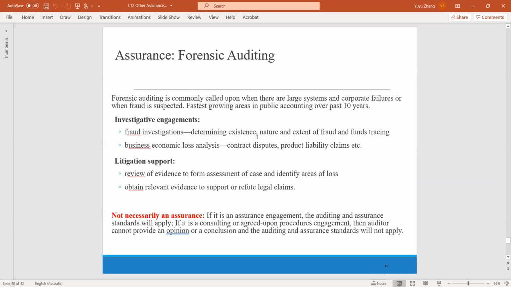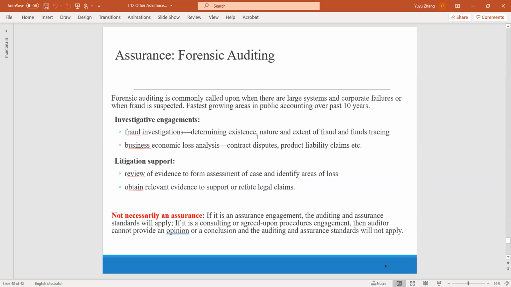So forensic auditing has been given the name of auditing, however, it is not an audit. In normal cases, it's not an assurance, it's just a factual finding. The procedures investigate fraud or criminal activities.